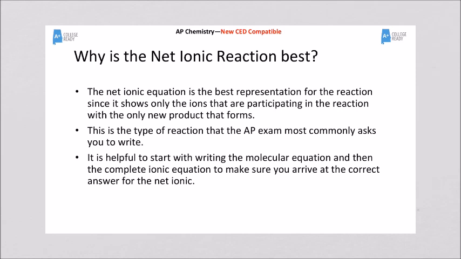Now, I would highly recommend, even though you may not be asked to write a molecular equation or a complete ionic, that's a good way to get used to being able to develop a net ionic equation, especially if you've never practiced this skill before. I would highly recommend you start with that double replacement. Think of all those states, write them out, then know what substances are aqueous that you can split into ions, and then you'll be able to see the spectators to cross out and then end up with your true reaction, the net ionic.